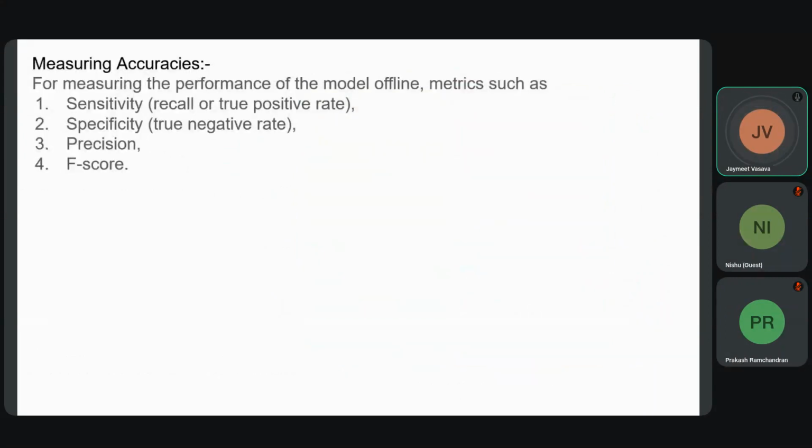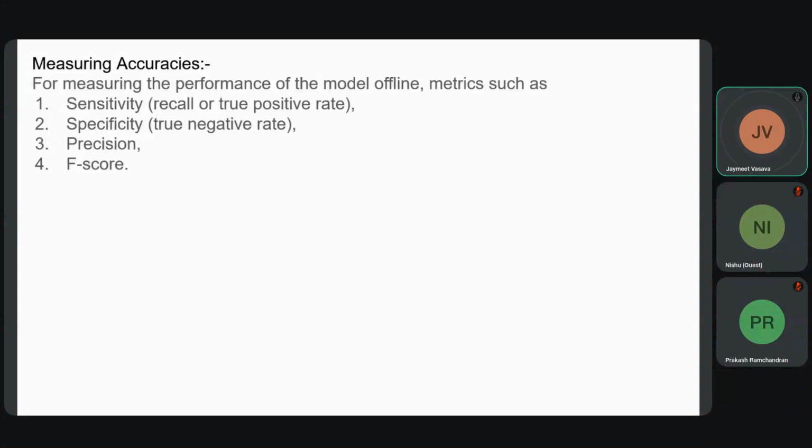Then measuring the accuracies. Whenever the model is prepared, it is first evaluated with offline metrics, which are tested or evaluated before it has been used in a live format.